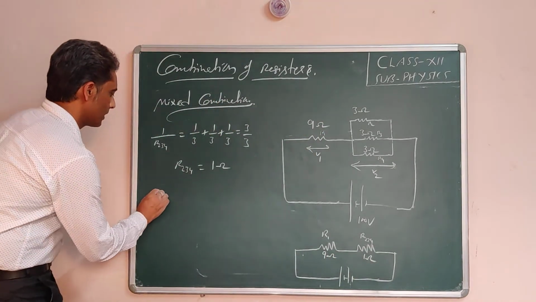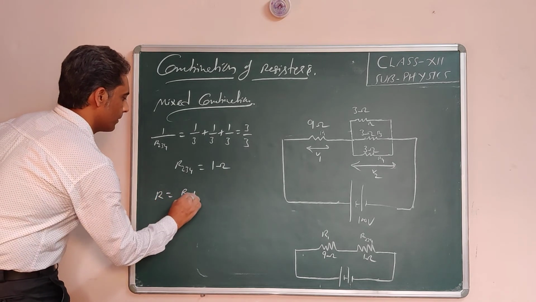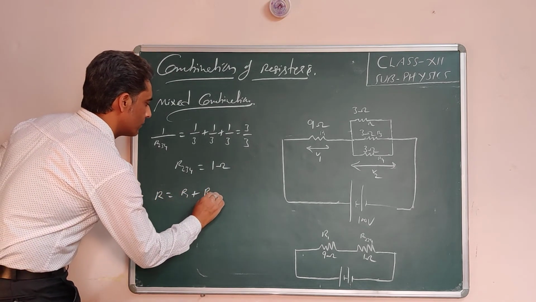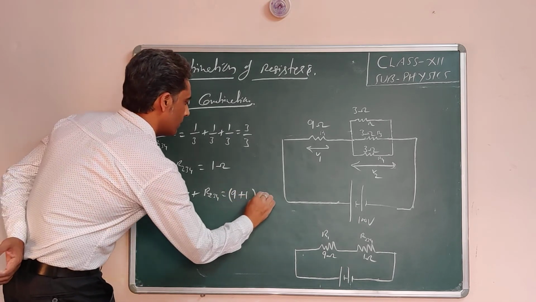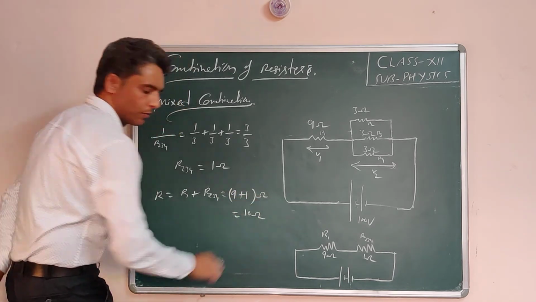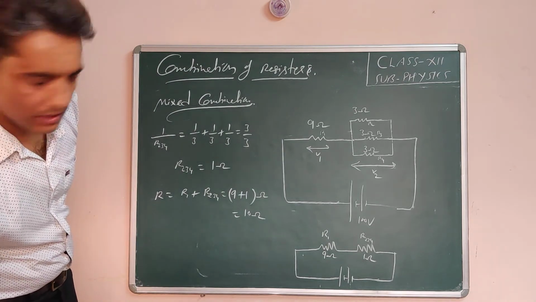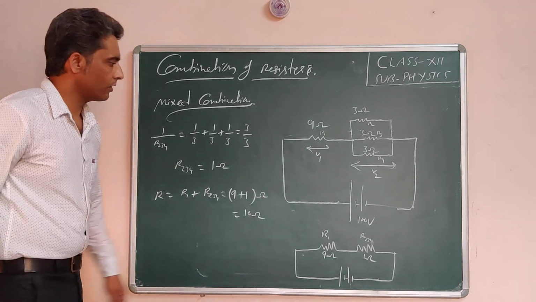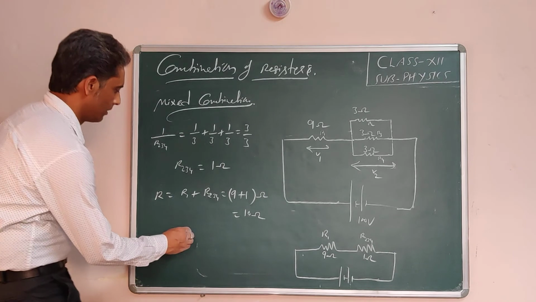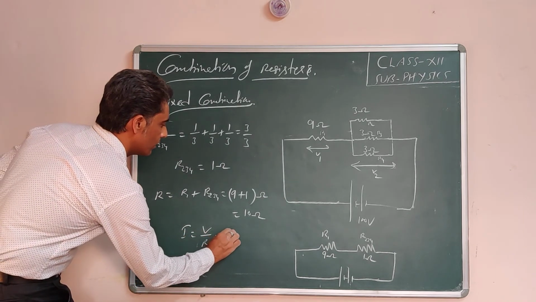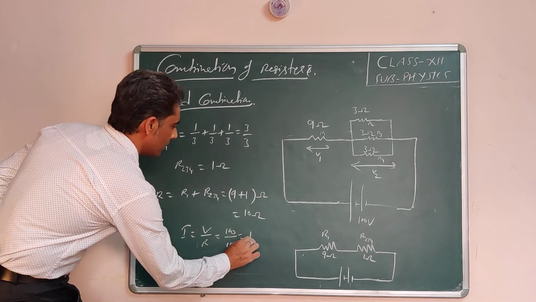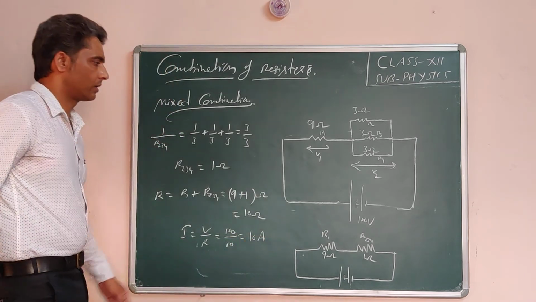So total resistance R is equal to R1 plus R234, 9 plus 1 ohm, that is equal to 10 ohm. So total resistance is 10 ohm. Now we can find the total current. I is equal to V over R, that is equal to 100 by 10, that is equal to 10 ampere.